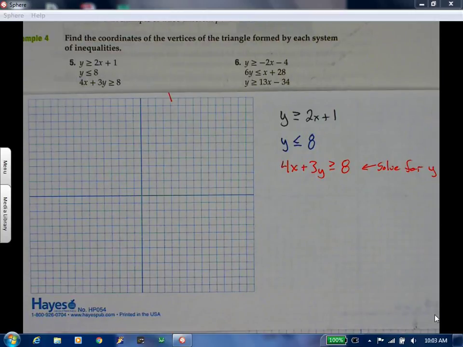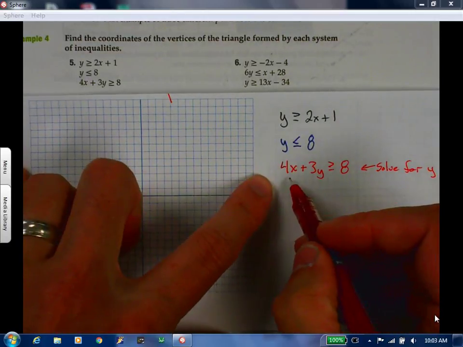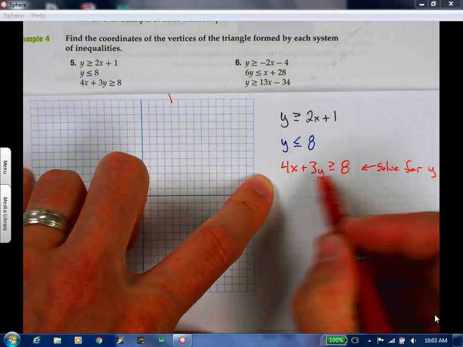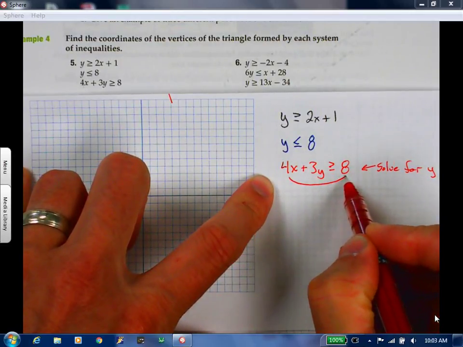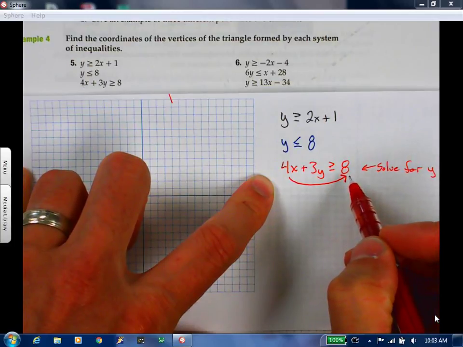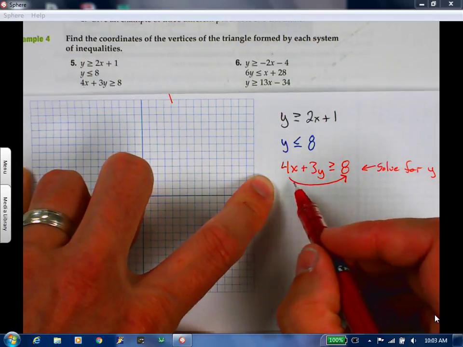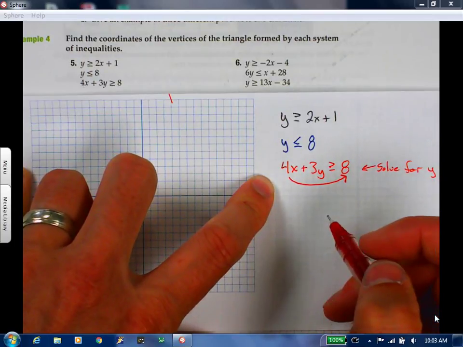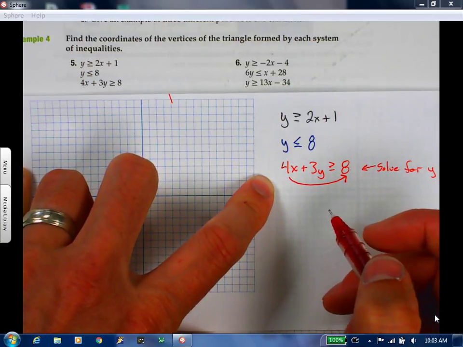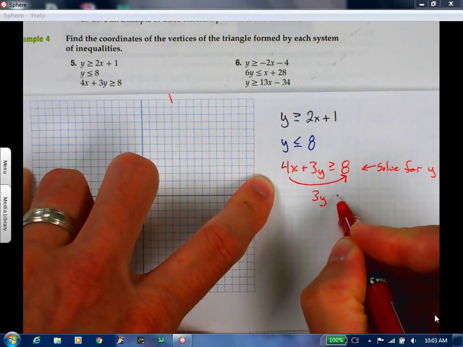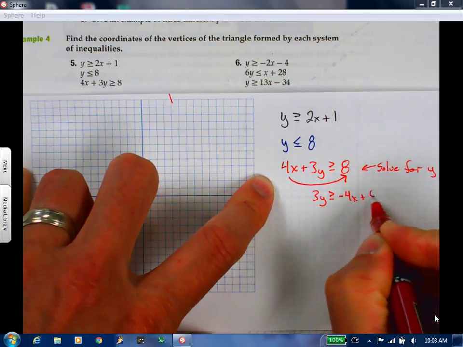So the first thing to move over would be the, right. Can I simplify that with the 8? No. No, there's no x with the 8. Good job. There's no x with the 8. 4 has an x, 8 still pure. No x's. So 3y is greater than or equal to -4x plus 8, or you could write it 8 minus 4x.